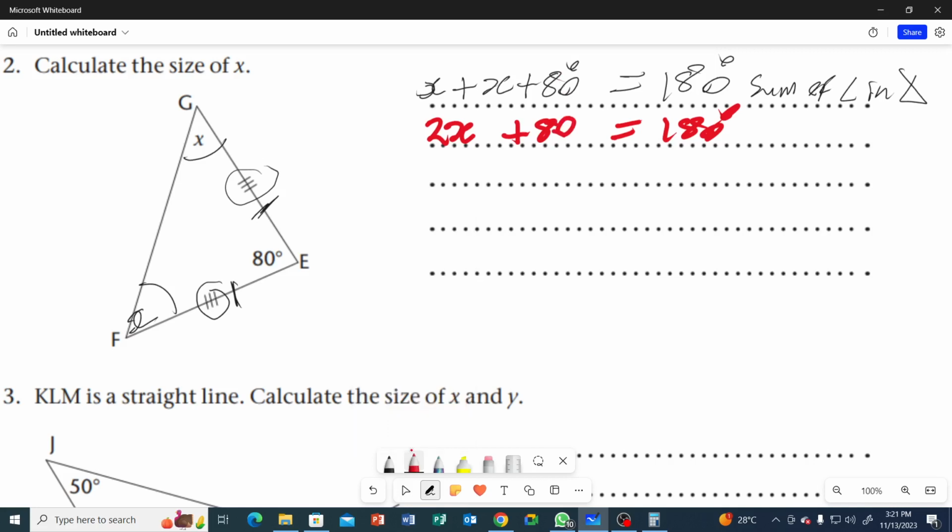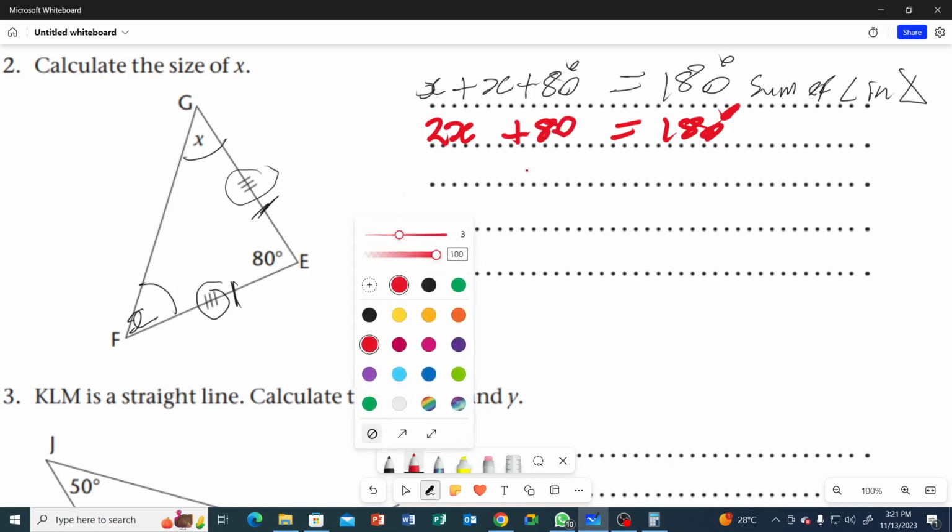Now we are going to subtract 80 from both sides. 2x will be equal to 100 degrees.